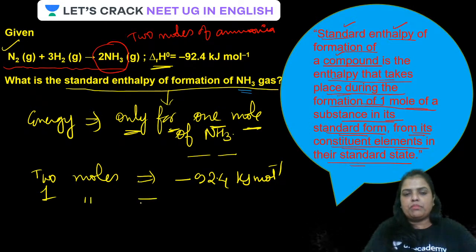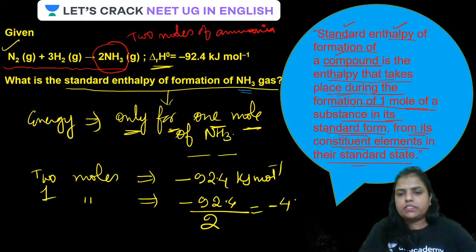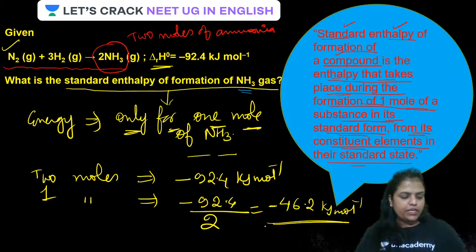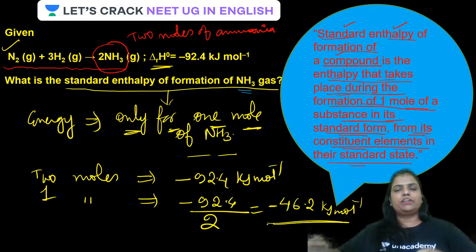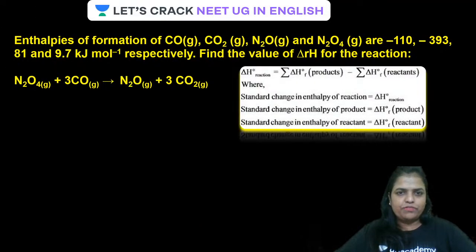So for 1 mole, it will be minus 92.4 divided by 2, which will be minus 46.2 kilojoule per mole. This is the standard enthalpy of formation of ammonia. All clear guys? Is this clear? Come on. Let us go ahead for the next question.